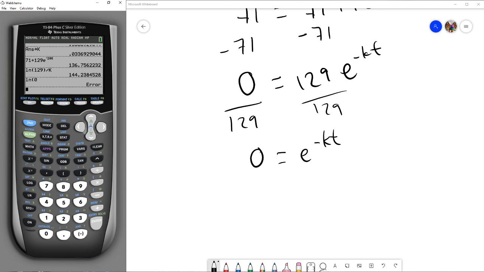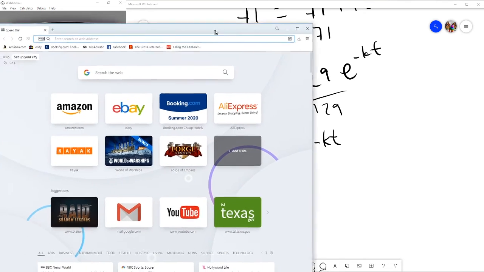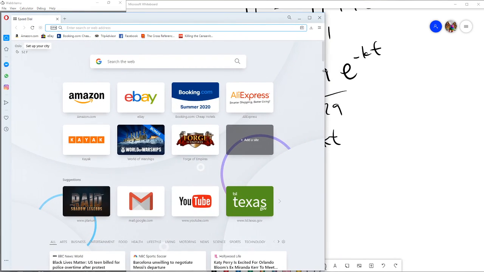Now the other thing we need to keep in mind is, why does it take 144 minutes, right? 144 divided by 60, 2.4 hours. Alright, so why would it take 2.4 hours for a cup of coffee to be almost, I repeat, almost room temperature?